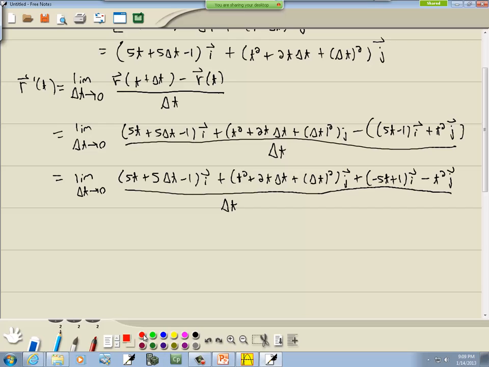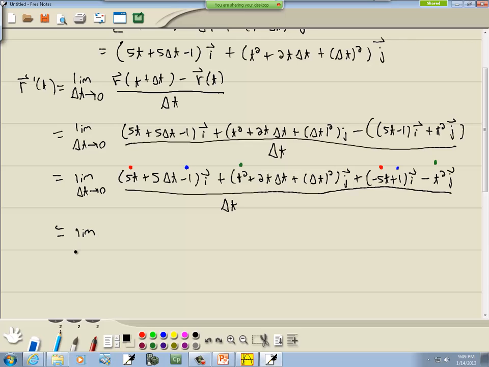Okay. Now here we've got 5ti, so this 5ti and this negative 5ti are going to cancel. Here we've got negative 1i, and here a positive 1i. Those are going to cancel. Over here we've got a t squared j, and here negative t squared j. So those are going to cancel.